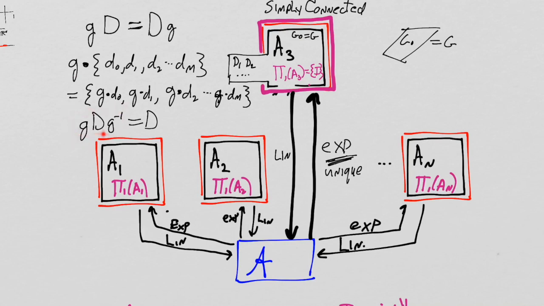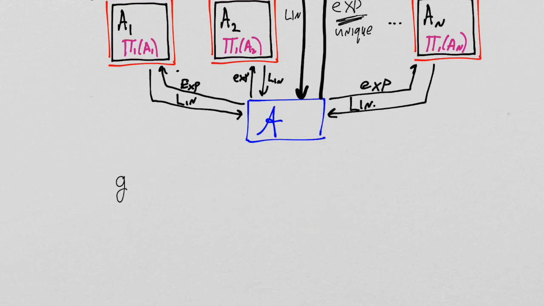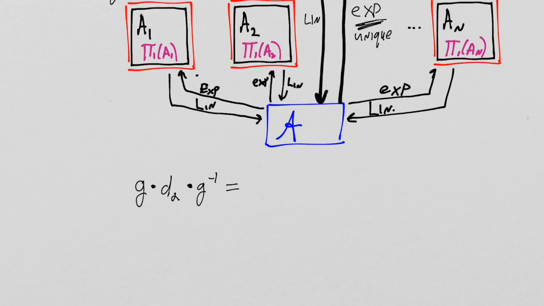So if I look at this definition, what I could see is, say I take one given element out of D, and I write it as G group operation D alpha, just pick some member of D, group operation G inverse. That has to be equal to another element of the discrete invariant subgroup, right? So I would write that as D beta. That's always got to be true.